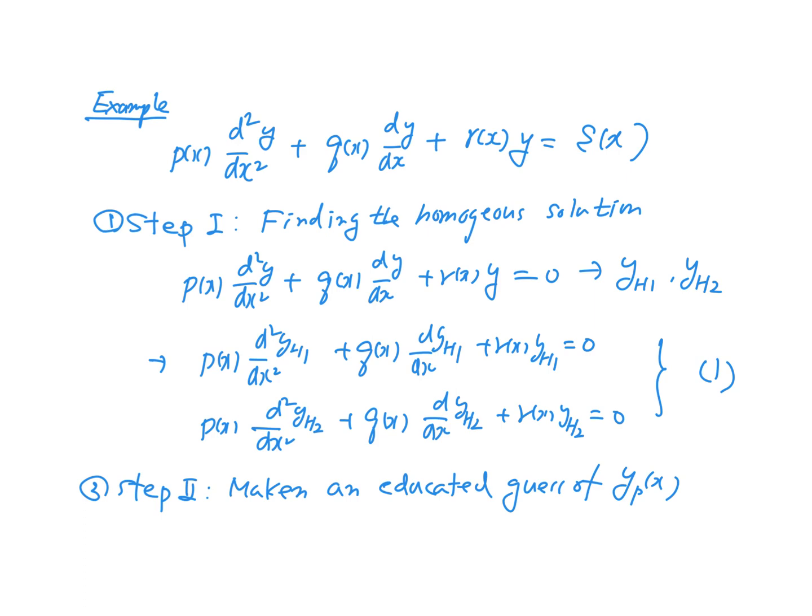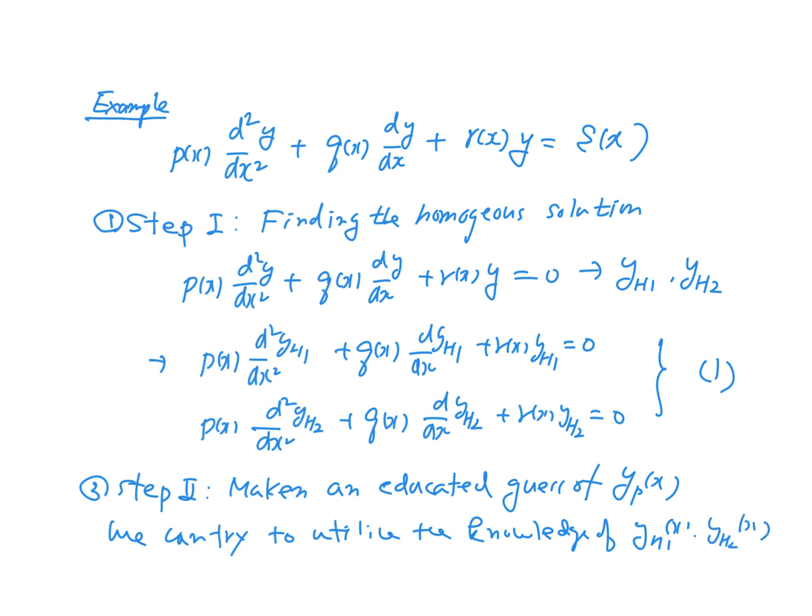So let's try to utilize them. We can try to utilize the null of y_h1(x), y_h2(x) by assuming y_p(x) equals u1(x) y_h1(x) plus u2(x) y_h2(x). u1, u2 are unknown.